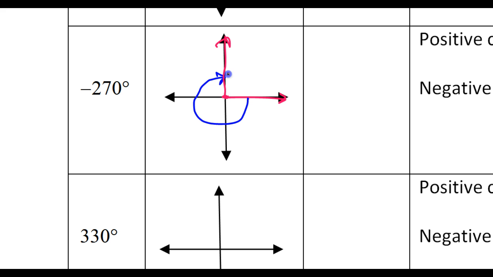Obviously, this is not in any quadrant, so I'll have to put not applicable. This is between the first quadrant and the second quadrant, but it's in no quadrant. Okay, maybe I'll add on here, this is a positive y-axis.